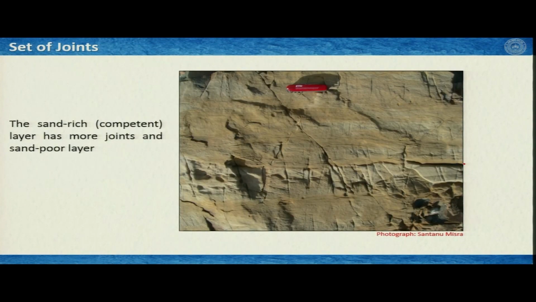You can clearly understand that these little whitish layers here are competent because they are whitish and most likely sand rich layers, and these are sand poor layers.